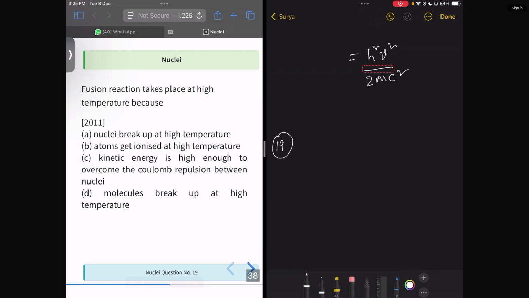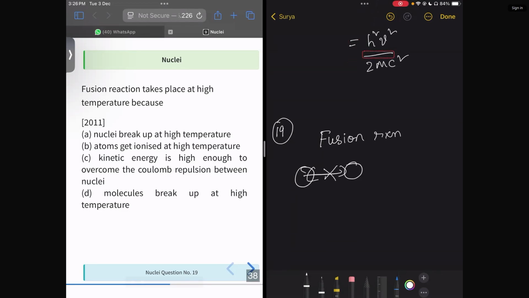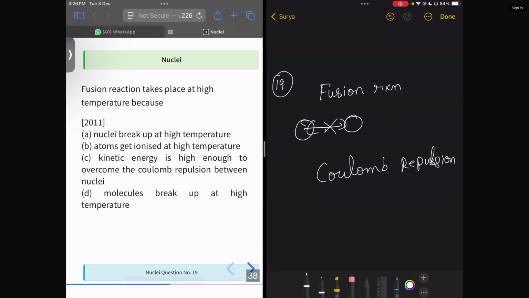Why this? The fusion reaction involves combination of two nuclei, right? Like hydrogen isotopes combining to form a heavier nucleus. So there will be Coulomb repulsion, because two positively charged nuclei repel each other due to electrostatic forces.